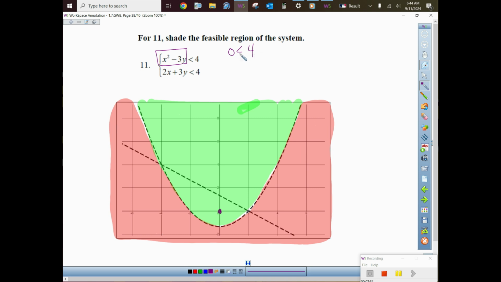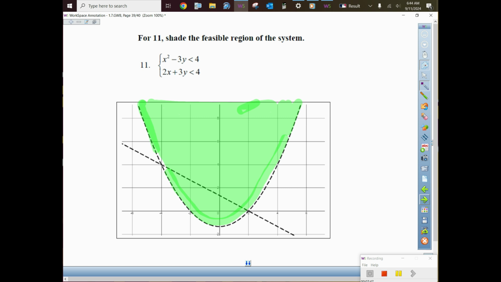True or false? Is 0 less than 4? That's true. So where is my purple dot? He's in that green zone, and it was true, so that's where I want my shade to be. I want to be in the green zone, because 0, 0 is true, so he should be in the shaded answer for this parabola.